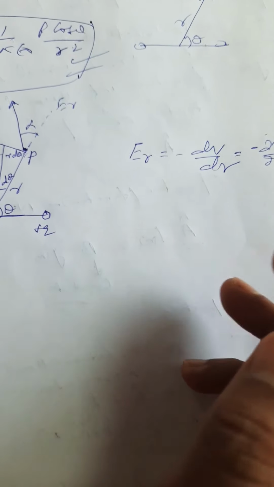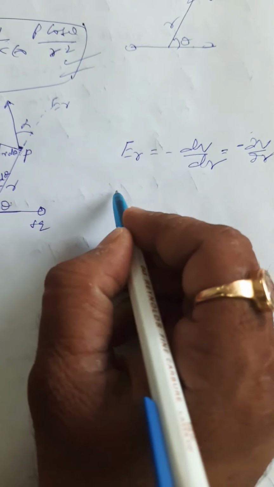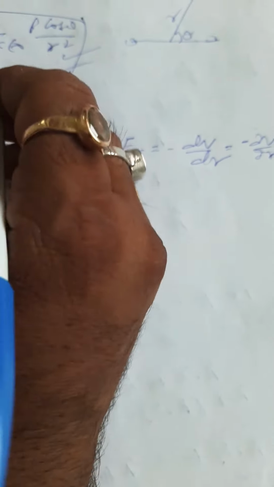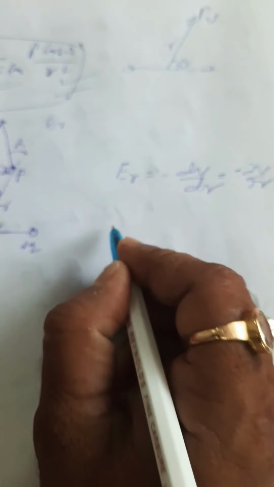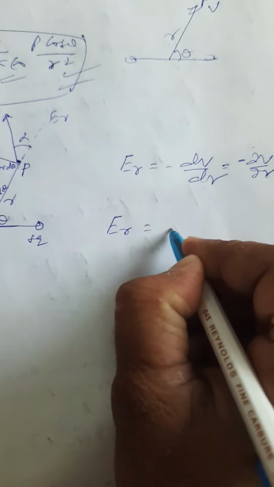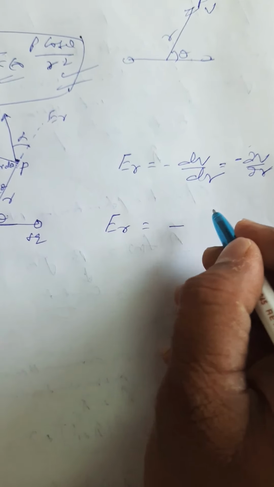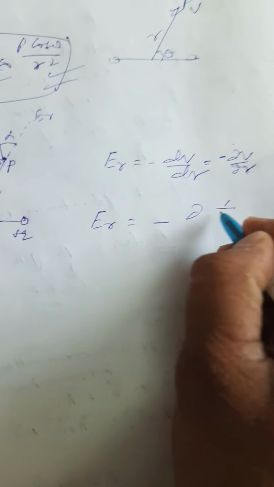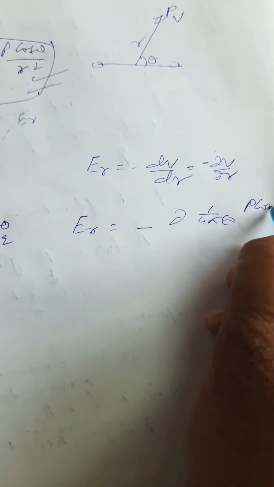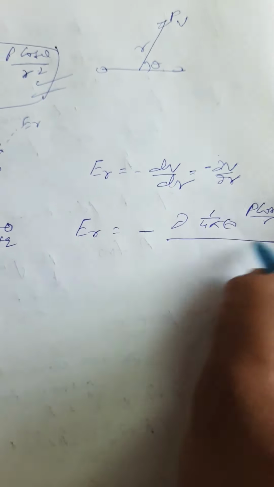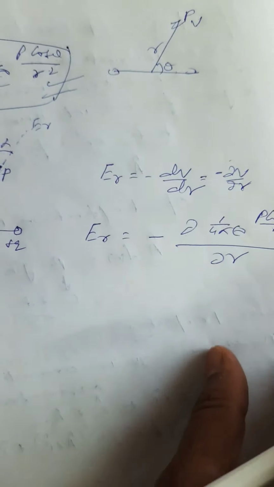So now we'll use this expression: in place of V we'll put 1 by 4 pi epsilon naught p cos theta by r square, so it will be minus del of that by del r.